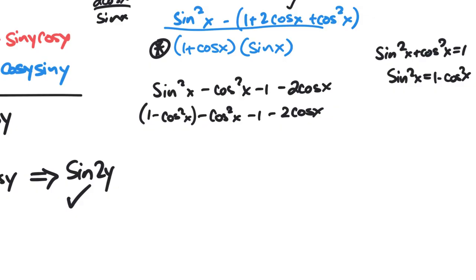So the next step, I would combine my like terms. I have negative cosine squared minus cosine squared, so there's negative 2 cosine squareds. I also have 1 minus 1, which is 0.